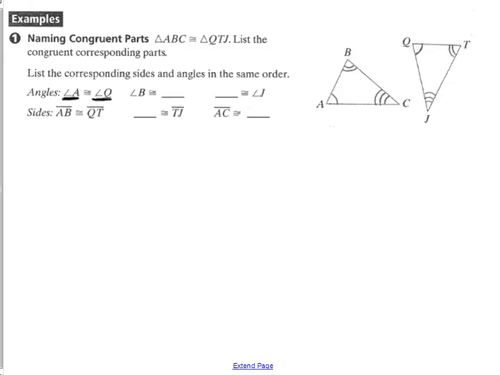Angle A is congruent to Q. We've got that. Angle B is congruent to which angle? Angle B is congruent to angle T over here, because it's got two tick marks. So angle T. Angle J has three tick marks. That means it's congruent to angle C.